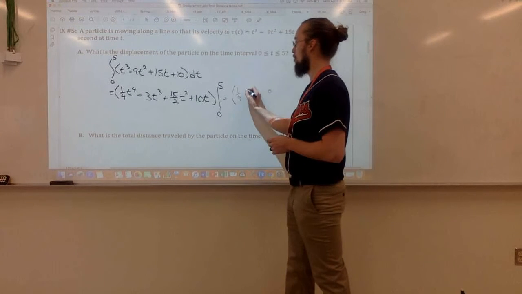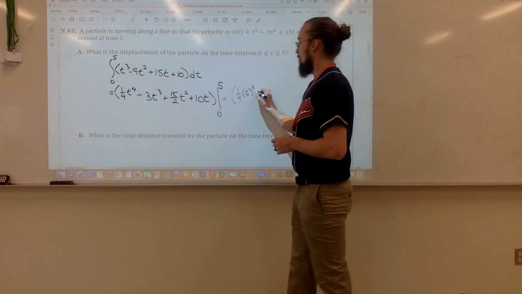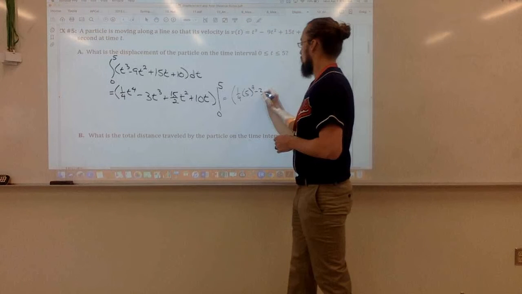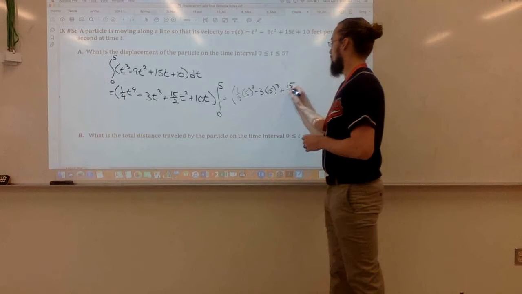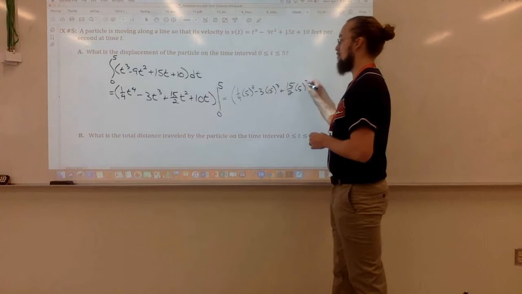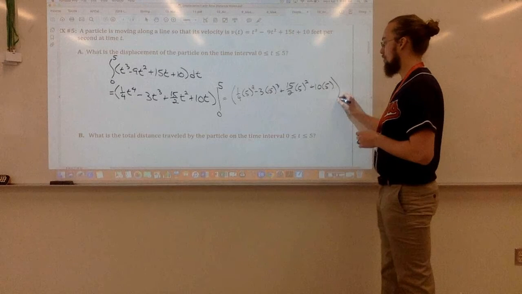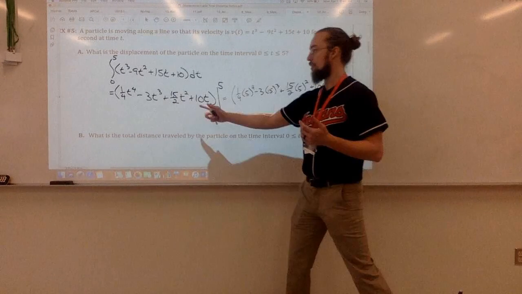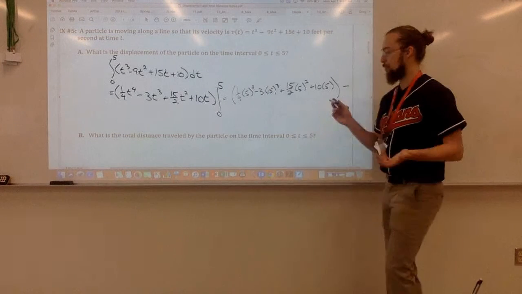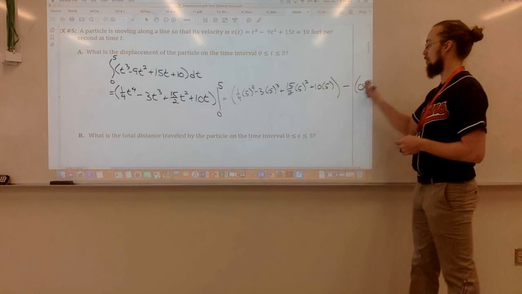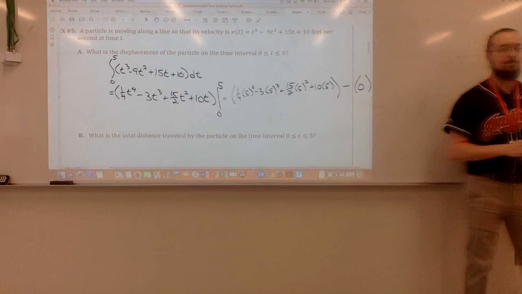So 1/4 times 5 to the 4th minus 3 times 5 cubed plus 15 halves times 5 squared plus 10 times 5 minus, and if I plug in 0, all of these terms would be 0. So I'm not going to write it all out. Just minus 0 in this case.